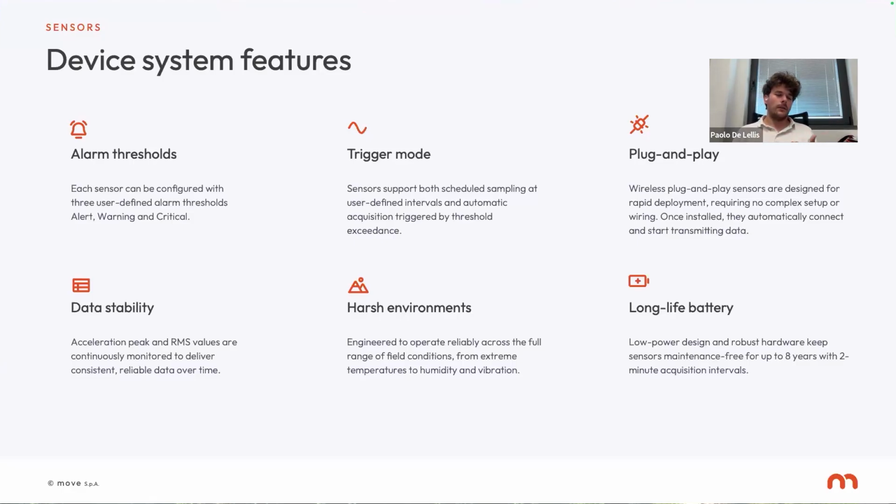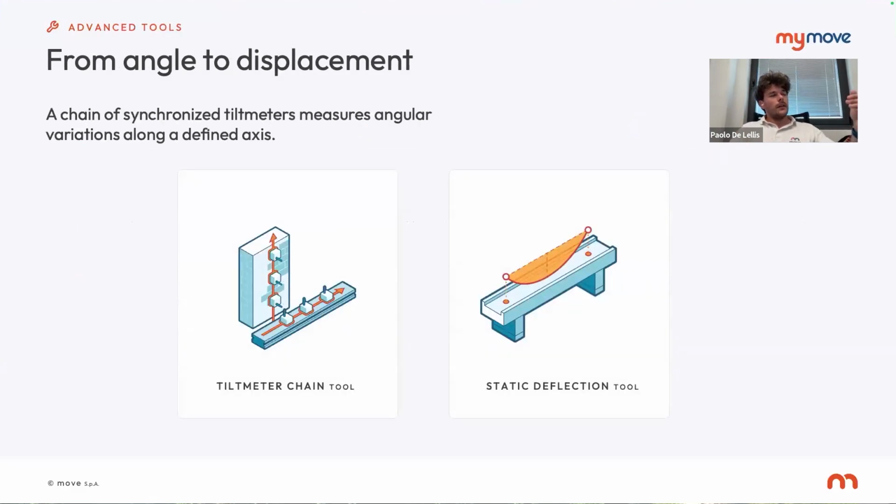These are two parameters that you can use to understand, for example, if during your static acquisition there was high vibration or not. So it is important to understand if your data is good to use for your analysis.